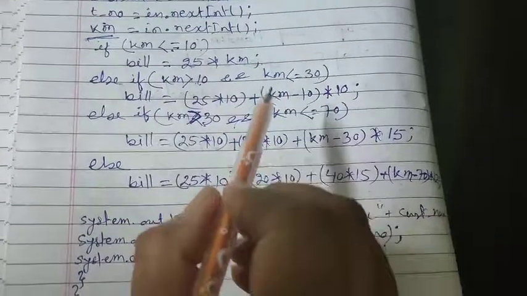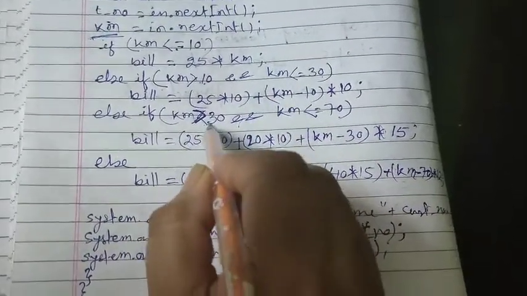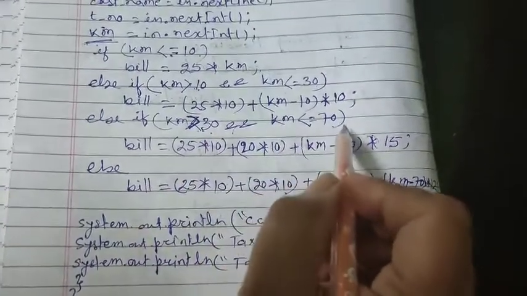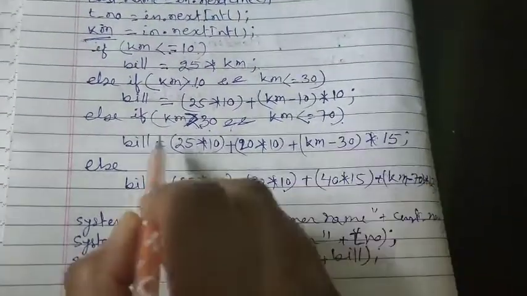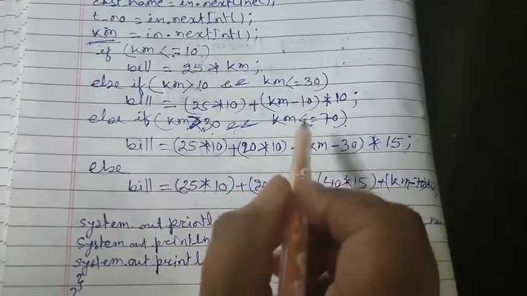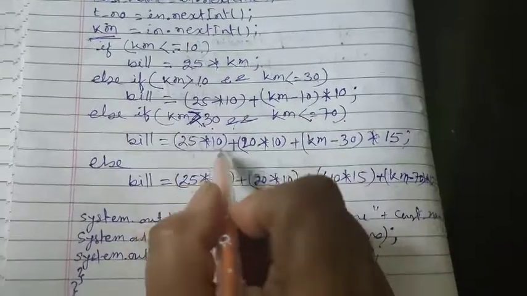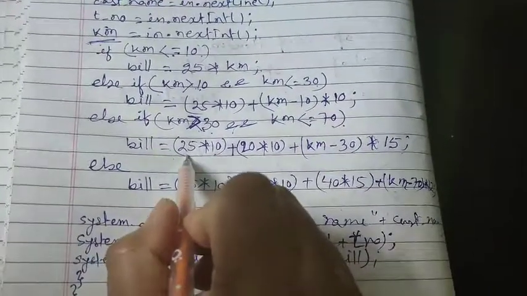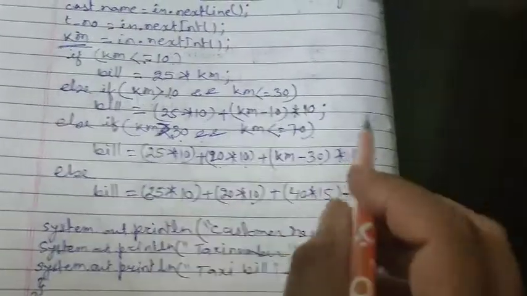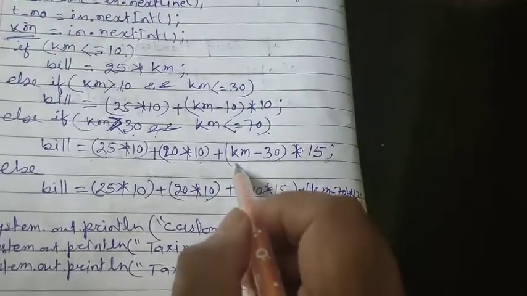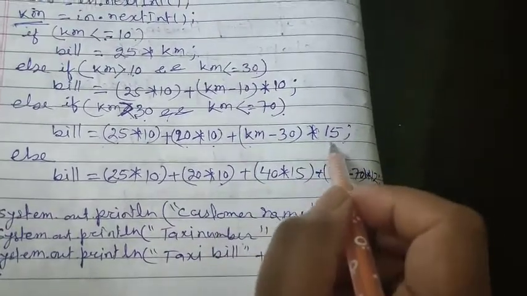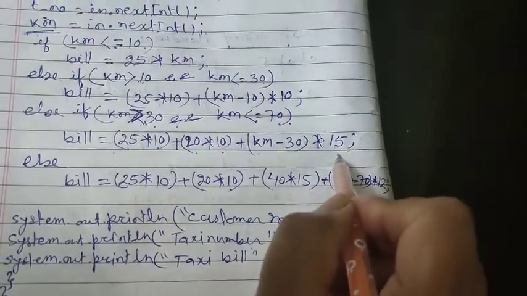No, I have entered 45, so it will lie in the condition where kilometer is greater than 30 and kilometer is less than or equal to 70. So now this is my calculation if I enter 45 kilometers. For first 10 kilometers 25 per kilometer, then next 20 kilometers 10 rupees per kilometer, and after that 45 minus 30, that means 15 kilometers, for which I am supposed to give 15 rupees per kilometer.